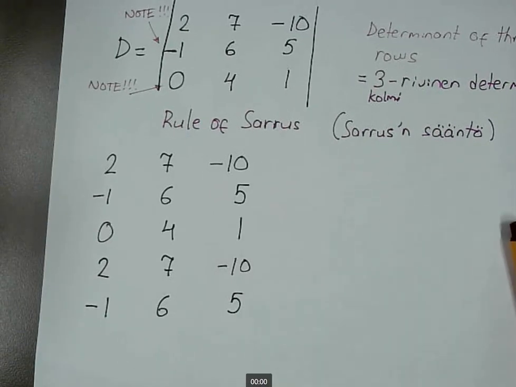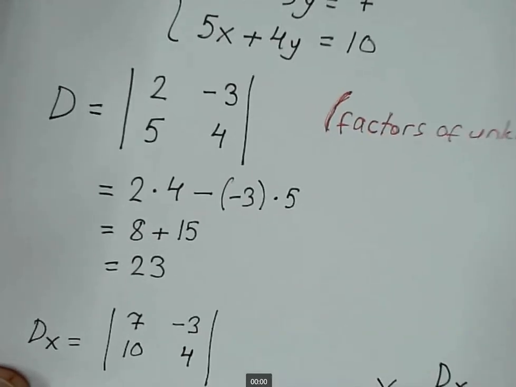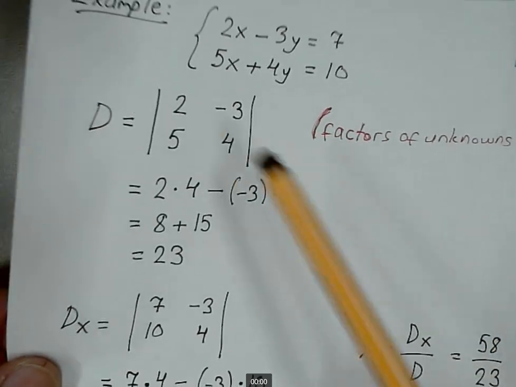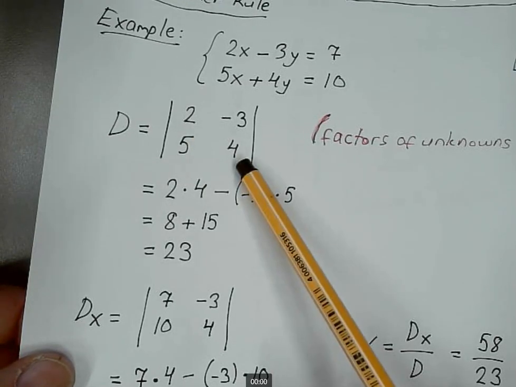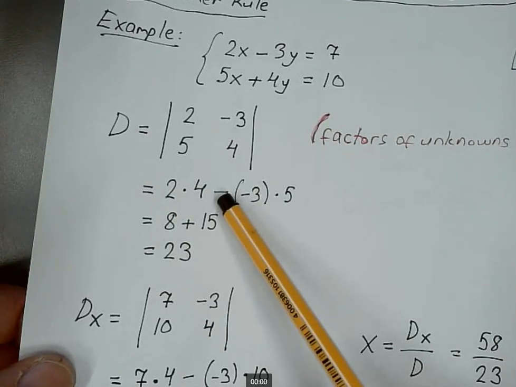And here we have a method similar to what we used when we solved the value of the determinant of 2 rows. We multiply these, or take the product of these and the product of these and subtract them from each other.